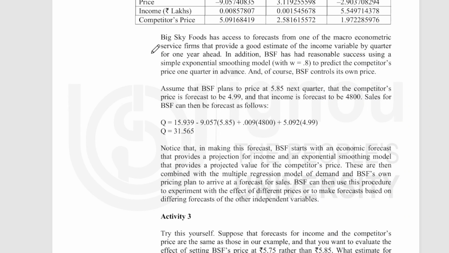Big Sky Foods has access to a forecast from one of the econometric services, FAME, that provides a good estimate of the income variable by quarter for 1 year ahead. In addition, BSF has had reasonable success using a simple exponential smoothing model to predict the competitor's price 1 quarter in advance. And of course, BSF controls its own prices.